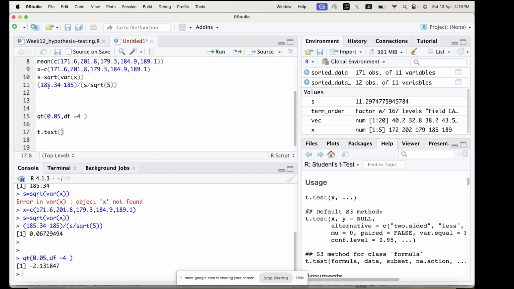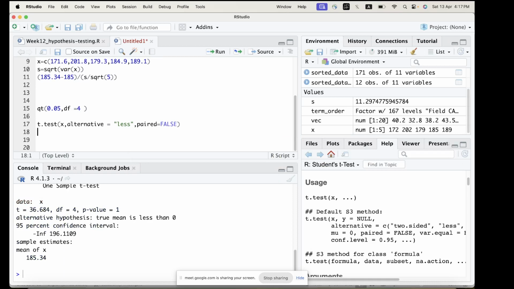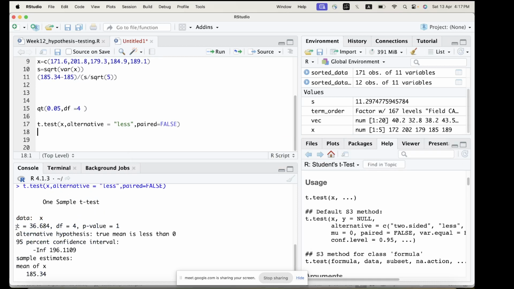So I have to specify my vector x, and then the alternative is less, and paired we have to give false. Then also you see, this is the T test df 4.